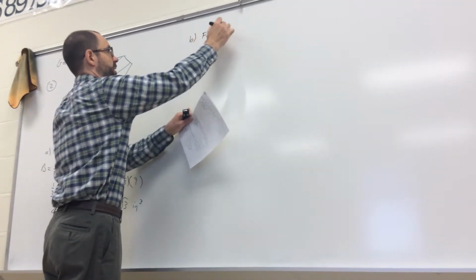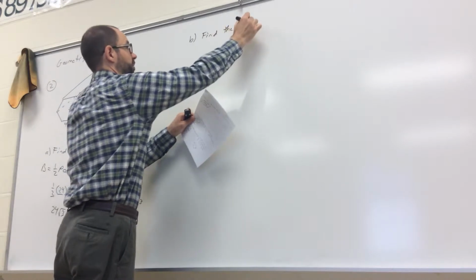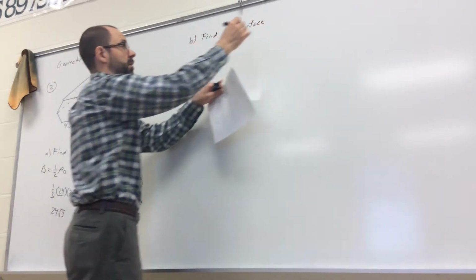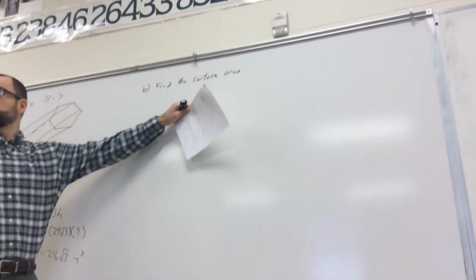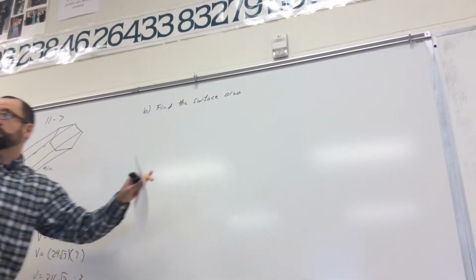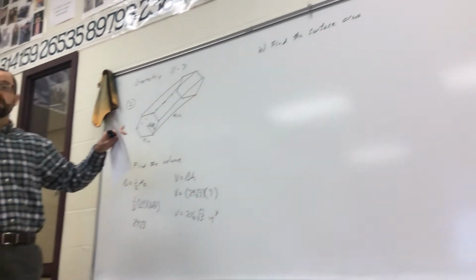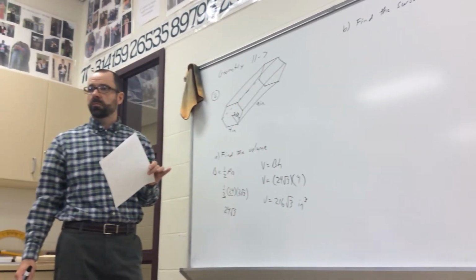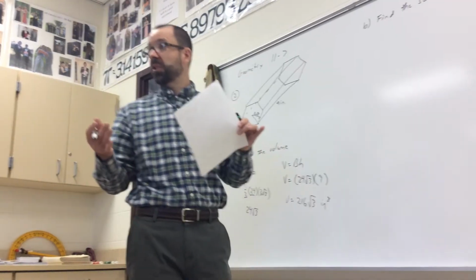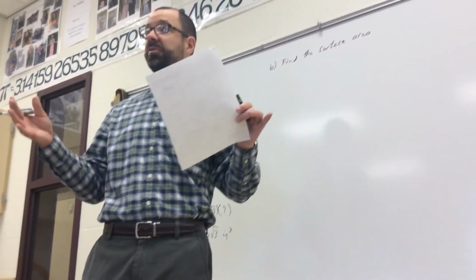So then part B is asking us to find the surface area. So same picture, except surface area. So when you find the surface area, that means you have to add up all the outside areas.